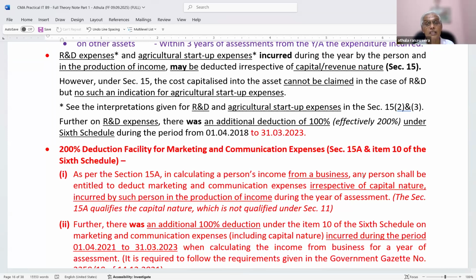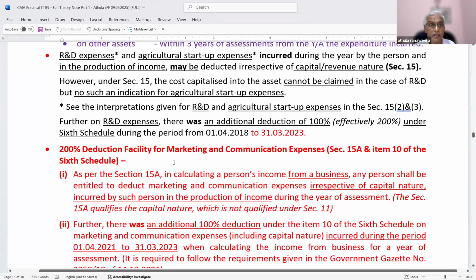And even market promotion. It is useless producing something if the market is not there. Then you have to create a market, right? To facilitate that, they have given that even research and development expenses of a capital nature are allowable under this section.